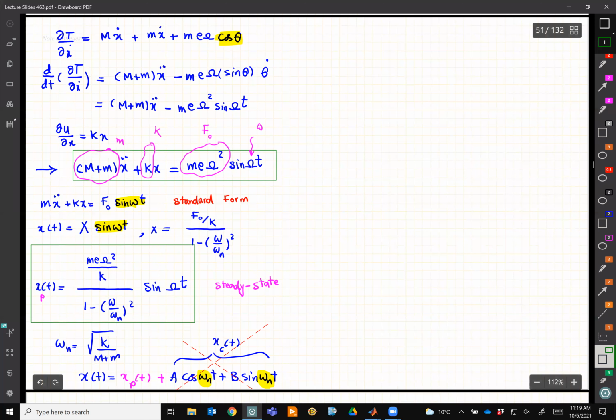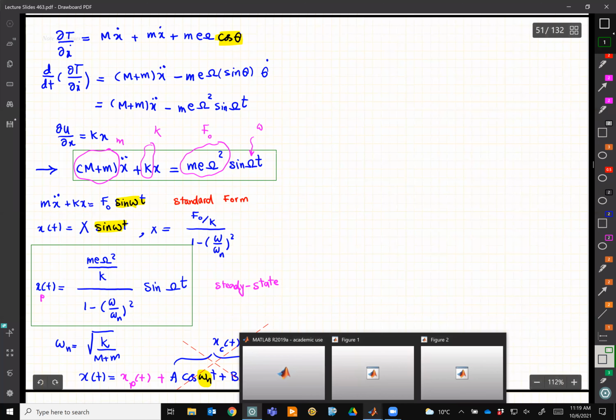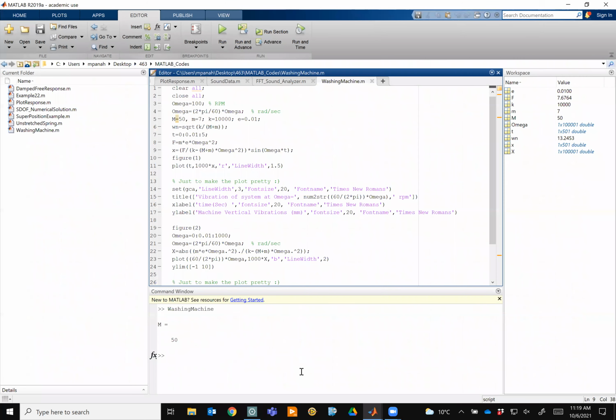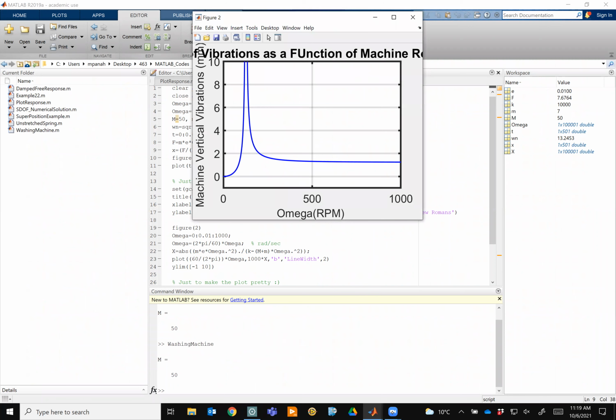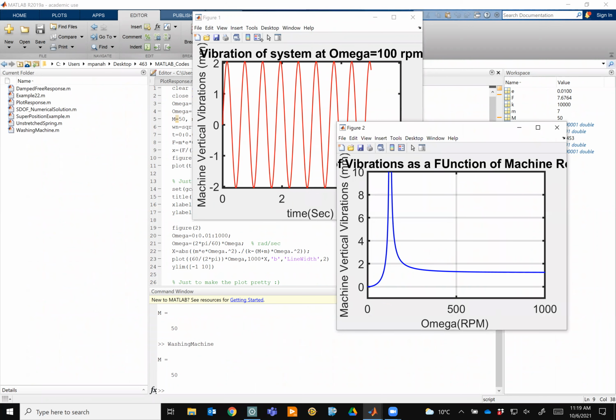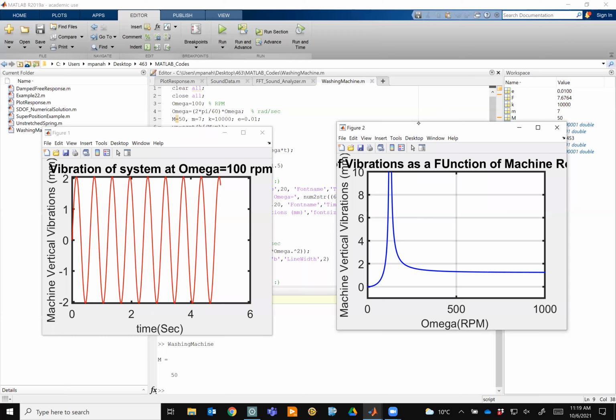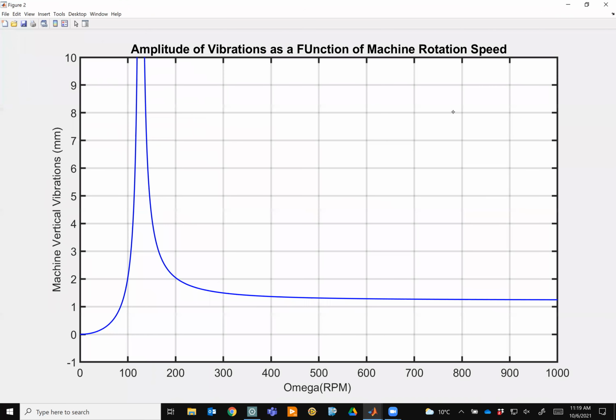So that's our response. We can plot it. I put something on Canvas, which asked to plot this response for different omega. If we quickly do that, I just want your attention for a few seconds. So this is the response of this system.